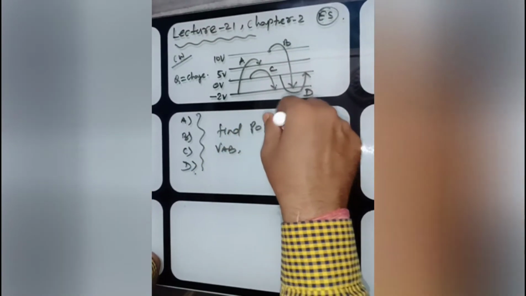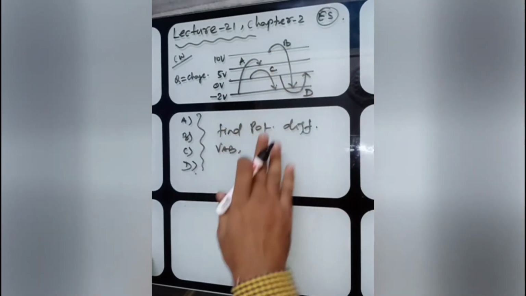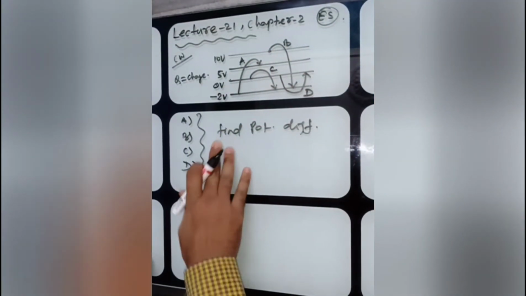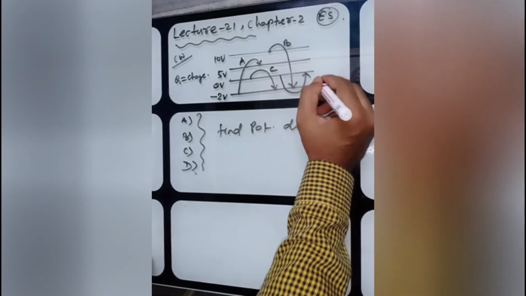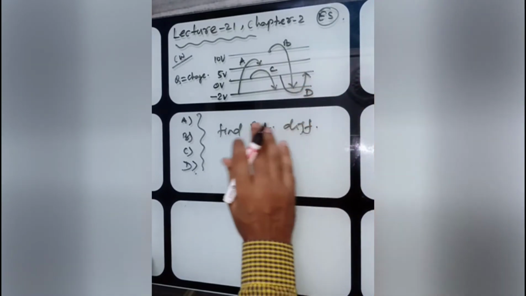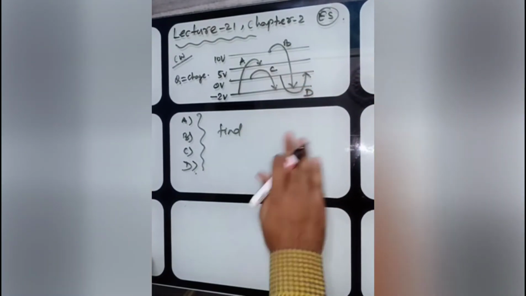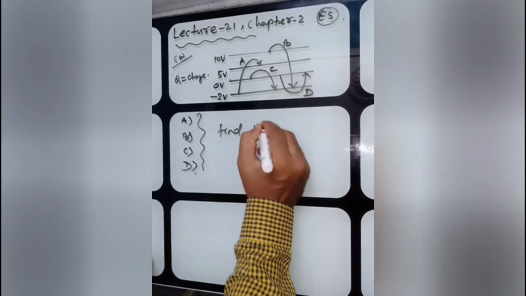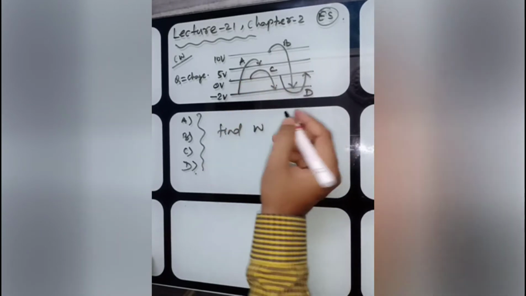If you are moving from one plate, actually, let me write it: not find potential, actually you can find work done. If I write to find the potential, that is very easy.